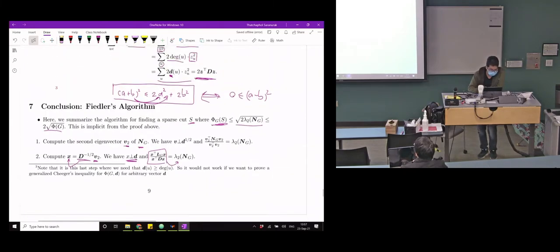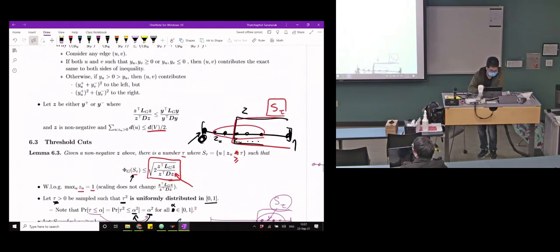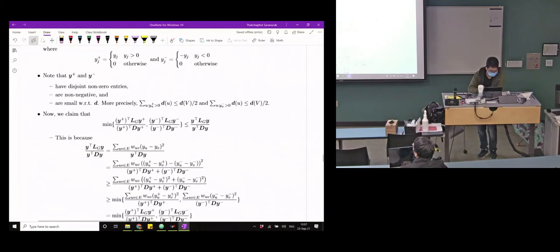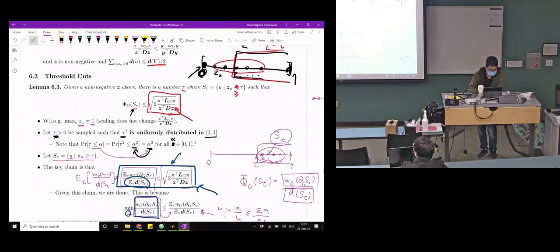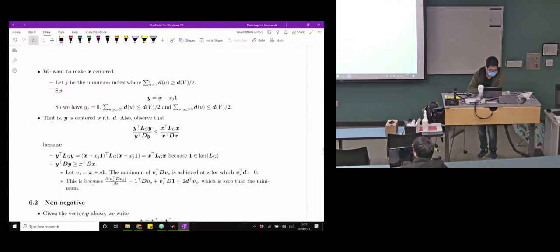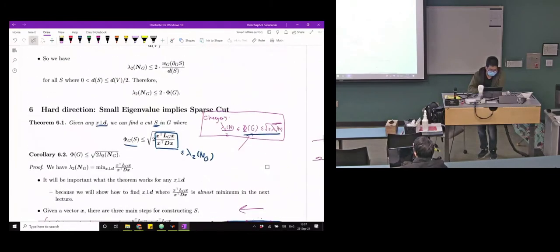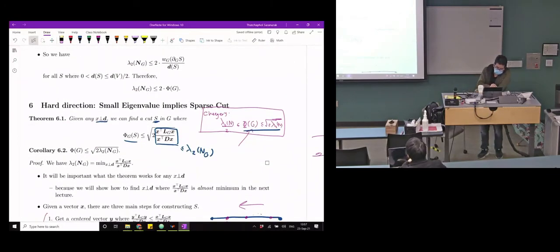Well, this is because when we tried to prove the second direction of the Cheeger inequality, we actually said that given any x, we will get a cut such that the conductance is small with respect to this ratio of x.